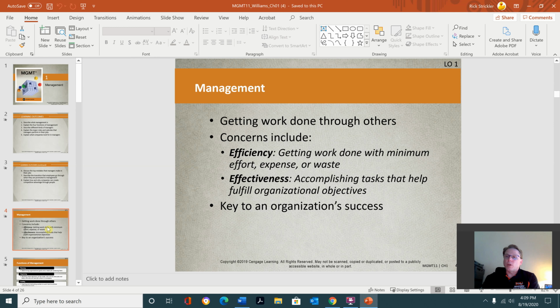You can be effective and waste a lot of money, time, and effort. So you can be effective at, let's say, making your bed, but you might make it in such a way that it takes 30 minutes to do so, and you've just wasted 28 minutes when it could have taken 2 minutes.